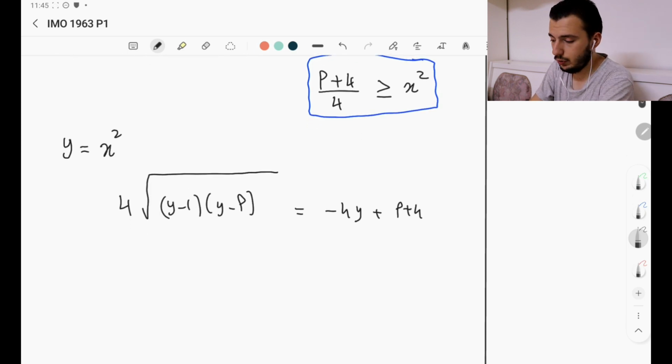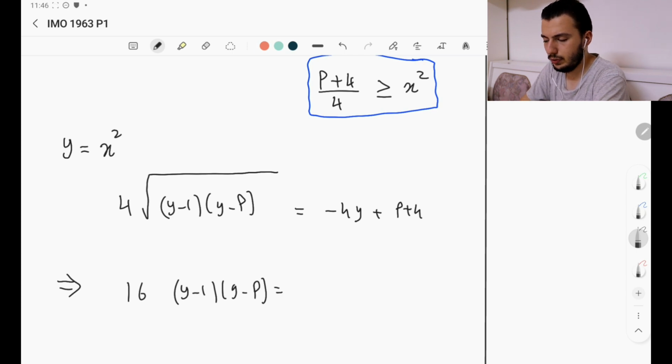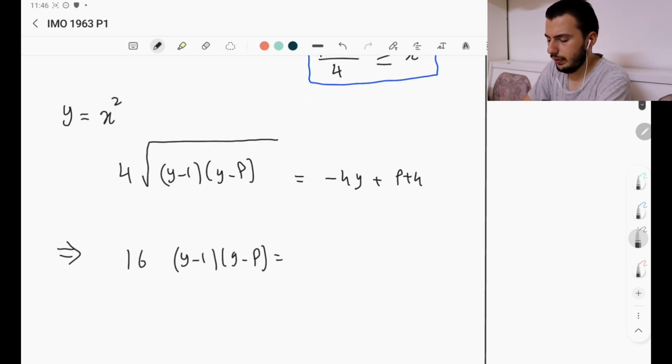Alright, now we square. So let's proceed. 16 times y minus 1 times y minus b is equal to this thing squared. If we square this, we get 16y squared plus b plus 4 squared minus 8 times b plus 4 times y.